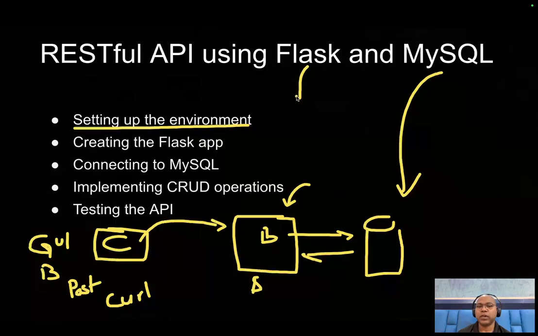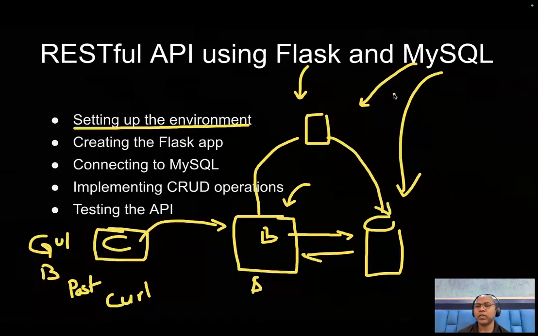That means we need the Flask framework, and we need a library which helps our backend communicate with the database, some kind of MySQL connector library. We also need to set up our REST API application and make it communicate with the database. After that, we are going to develop basic create, update, delete operations, and also we have to test these APIs.